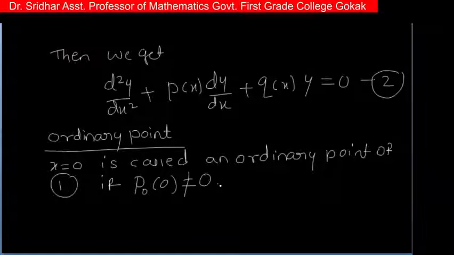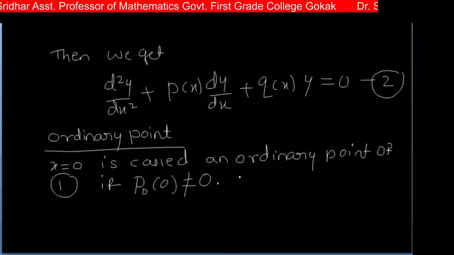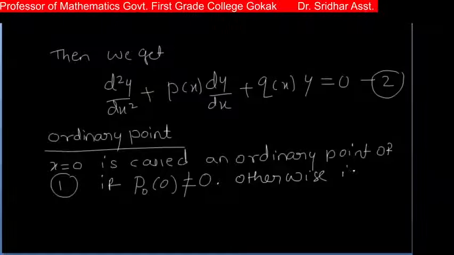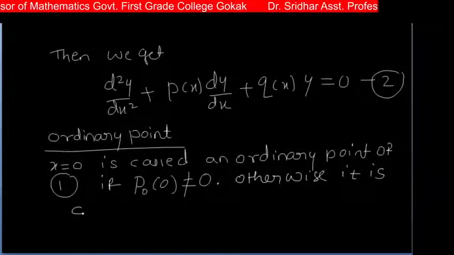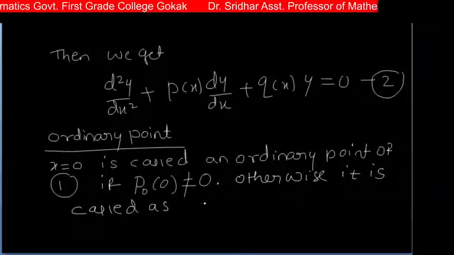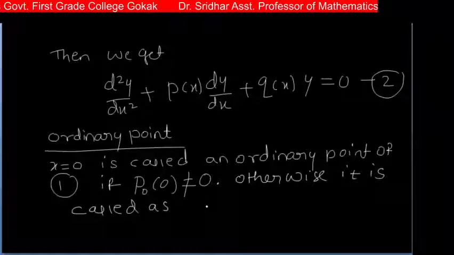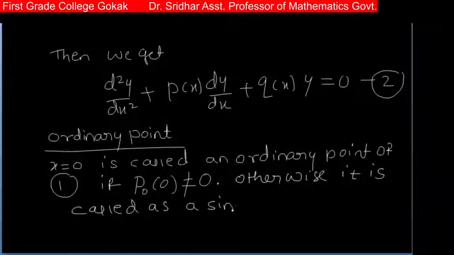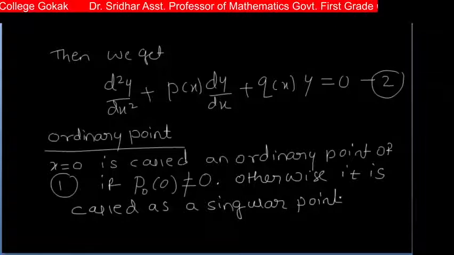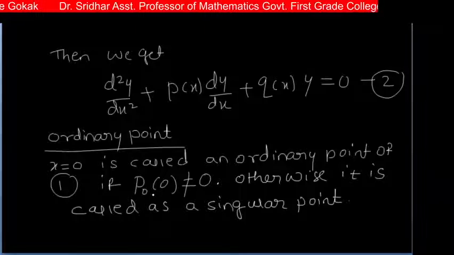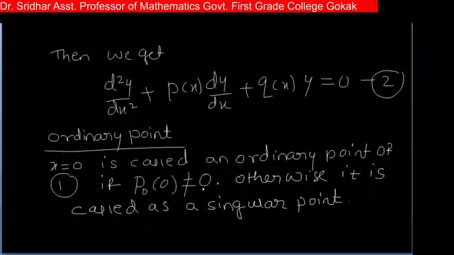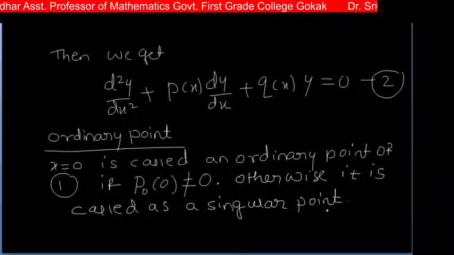Otherwise it is called a singular point. That means if P0 of 0 is equal to 0, then it is called a singular point.